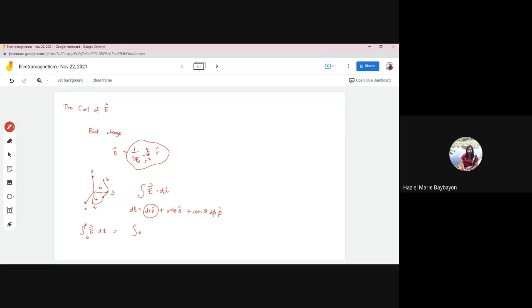This is equal to the integral of 1 over 4 pi epsilon naught q over r squared, and then we have dr. Okay, so this is integration with respect to r. So we can take 1 over 4 pi epsilon naught out of the integral sign. And we can take q out of the integral also.